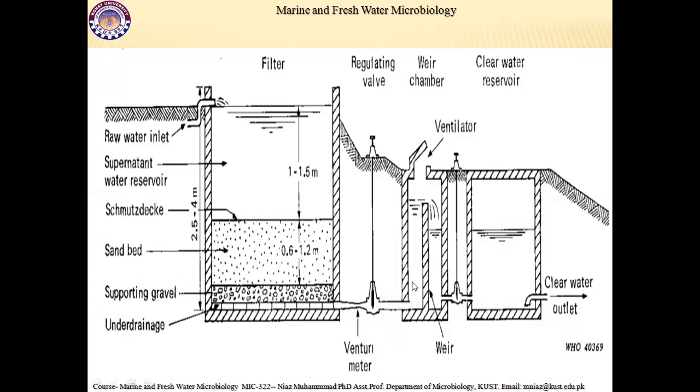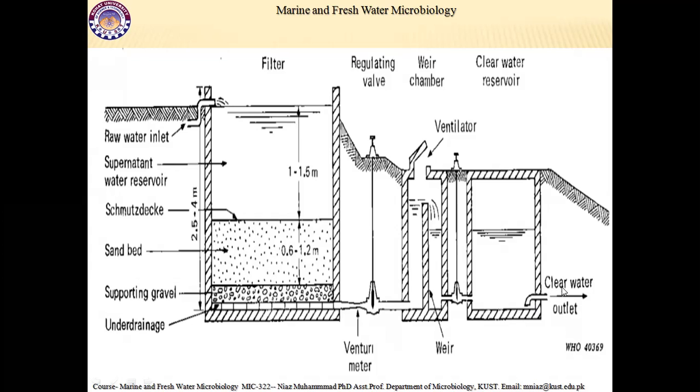This water will go from here and transfer into another tank. Here we can keep an opening for ventilation, so that if some oxidation is required, or if there is some smell, it will go from here, and this water will pass from here and can be collected in another tank.